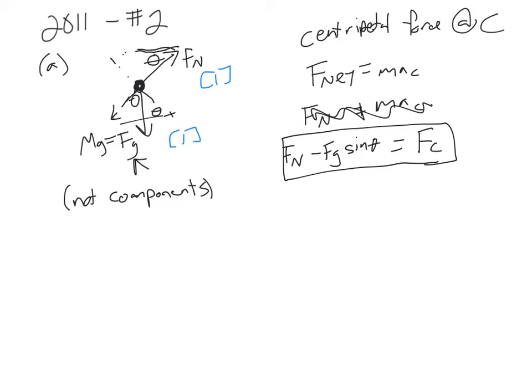And that's pretty much all you have to do. If you're trying to figure out why it's sine of theta, you have to play around with the geometry and make sure the angles work out.